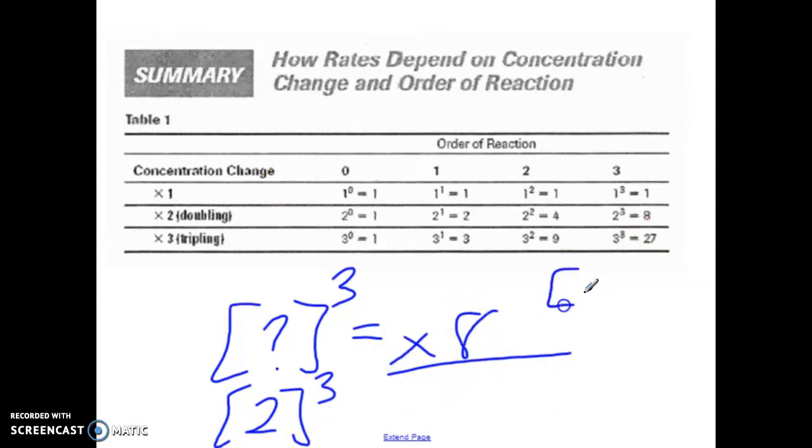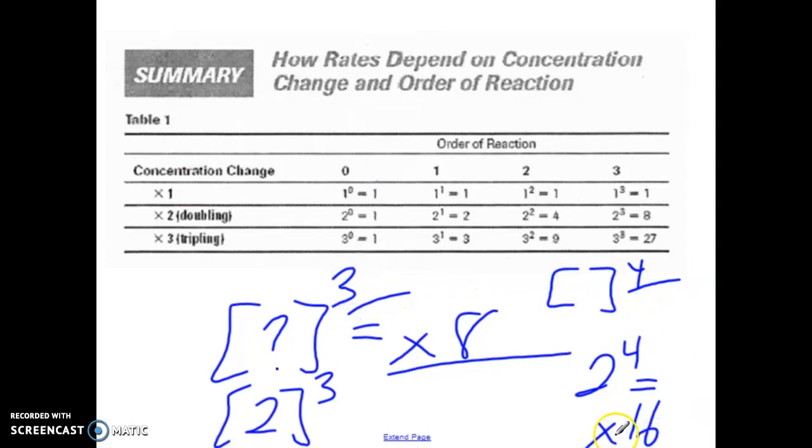If I have an exponent 4, same deal: 2 to the 4 is 2 times 2 times 2 times 2, which is 16 times. So as your exponents get larger, the impact it has on the rate continues to go up.